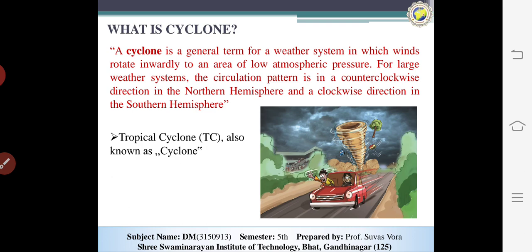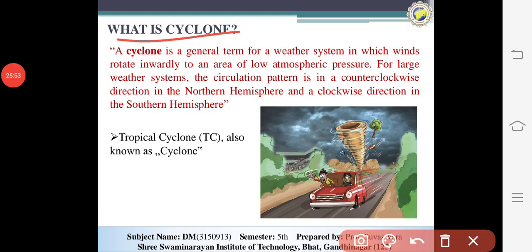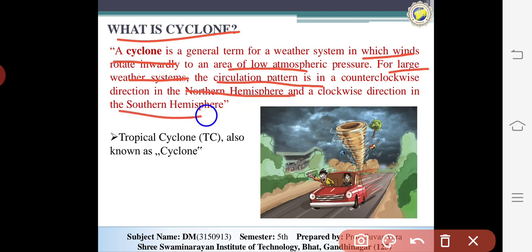Cyclone is a general term for a weather system in which wind rotates inwardly around an area of low atmospheric pressure. For large weather systems, the circulation pattern is counterclockwise in the northern hemisphere and clockwise in the southern hemisphere.